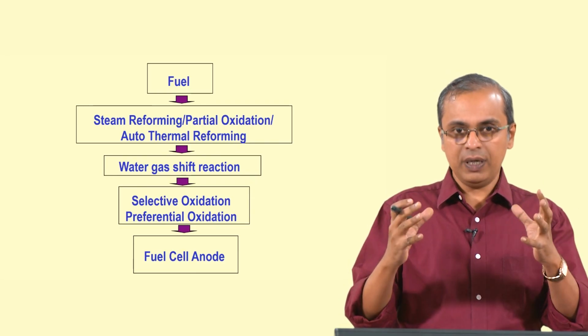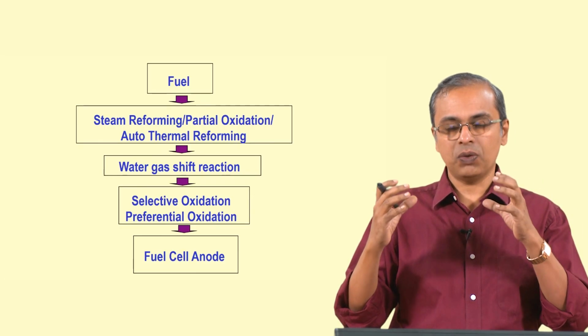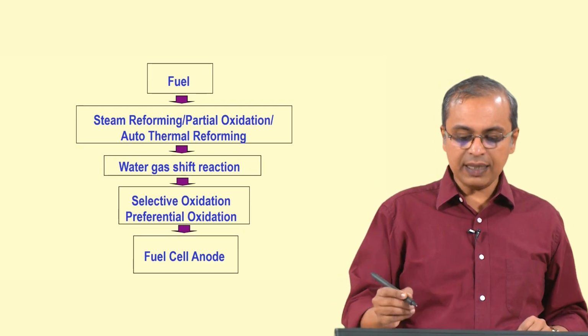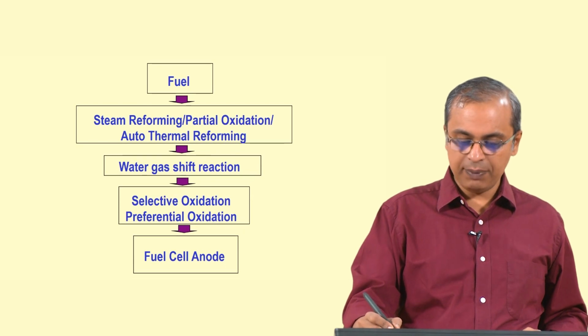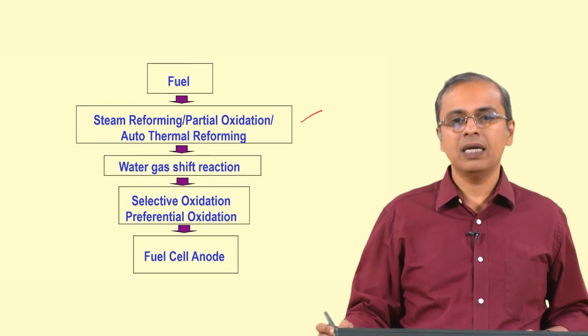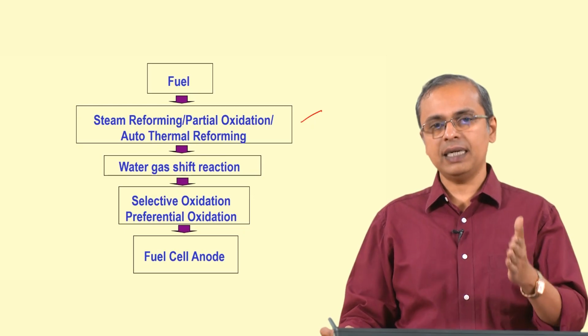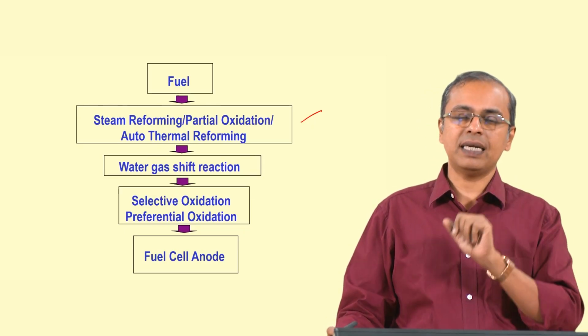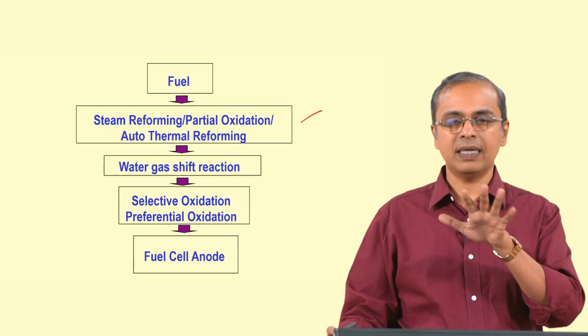And so fuel processing is now an integral step that we have to accept, and then deal with. To do that, we have to either do steam reforming or partial oxidation, and most likely we would do autothermal reforming, which would make it a self-contained system with less complexity.